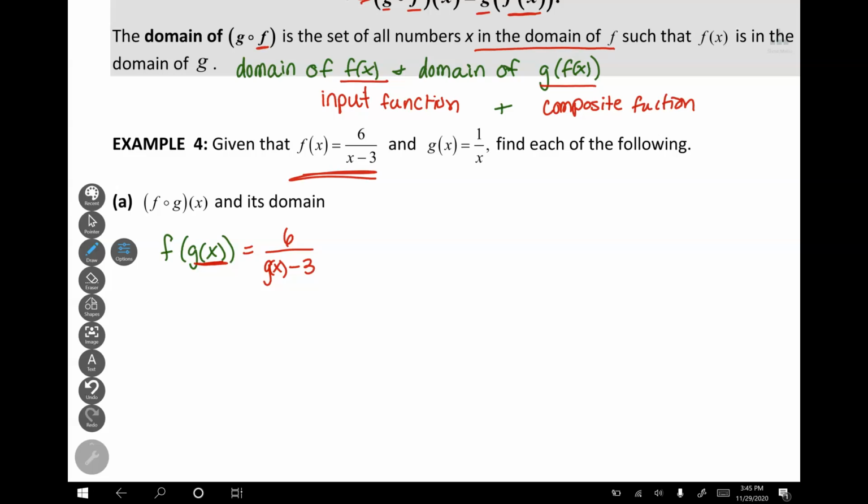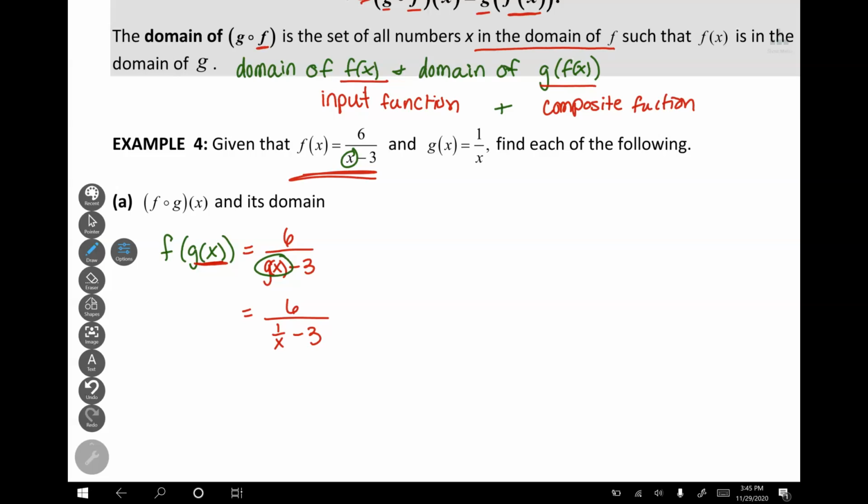Okay, so all I did there was replace this x with g of x, because that's what we have here in parentheses. Well, what is g of x? G of x here is 1 over x, so I'm going to replace g of x with 1 over x. And there's the function.